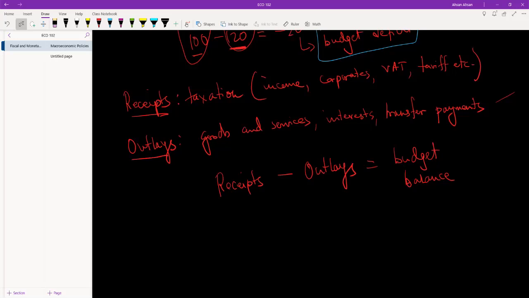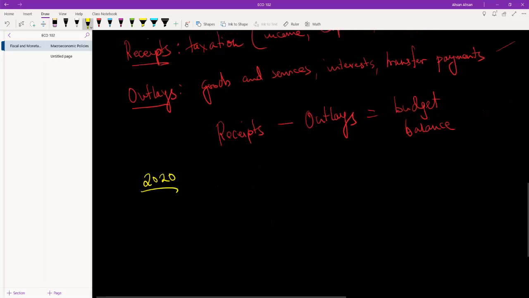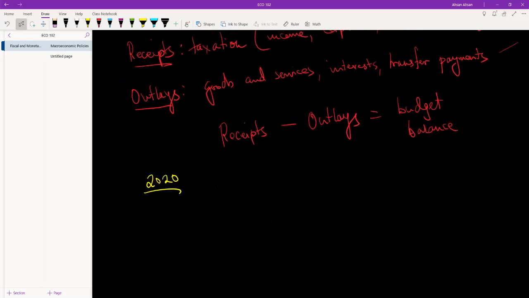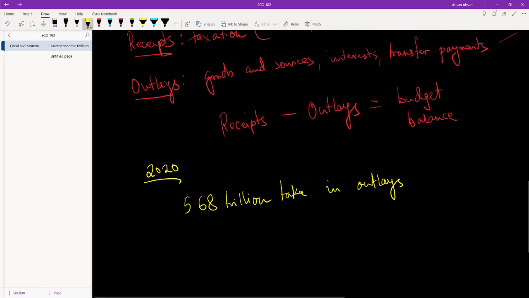But if I were to give an example from Bangladesh, in 2020, the budget that was announced included 5.68 trillion taka in outlay. Let me just write that down. This is how much the government planned to spend during the fiscal year of 2020-21.